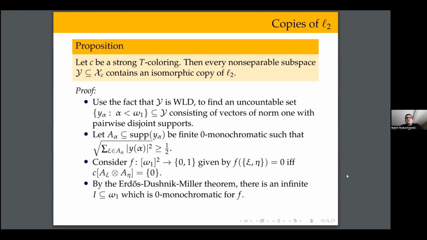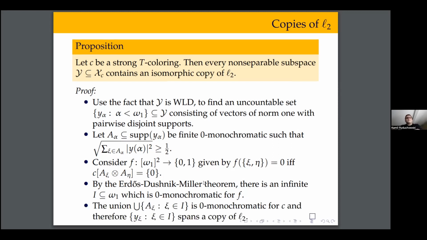And there is a result by Erdős, Dushnik, and Miller that if we have such a coloring that doesn't admit uncountable one monochromatic sets, then it has to admit an infinite zero monochromatic set. And being zero monochromatic for F just means we had those zero monochromatic A alphas, and now all the edges between them have color zero.